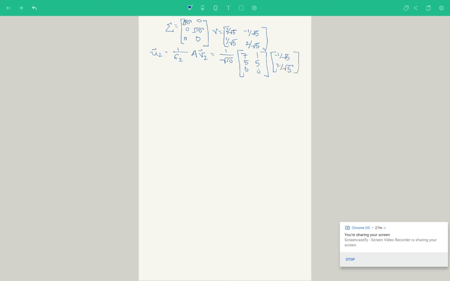Okay, and that equals, well, I'm going to again pull out our 1 over square root of 5. So that would give us 1 over square root of 5 times square root of 10 would be square root of 50 would be 5 square root of 2.